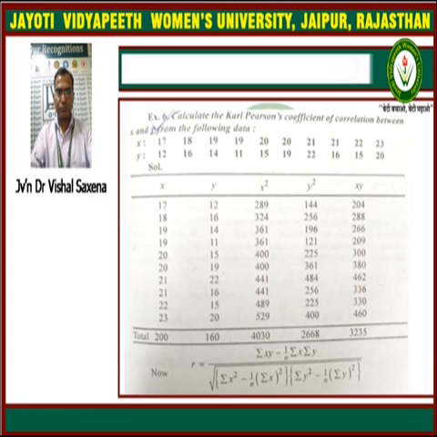At the bottom, the summations are given: summation of x is equal to 200, summation of y is equal to 160, summation of x square is equal to 4030, summation of y square is 2668, while the summation of xy is 3235.